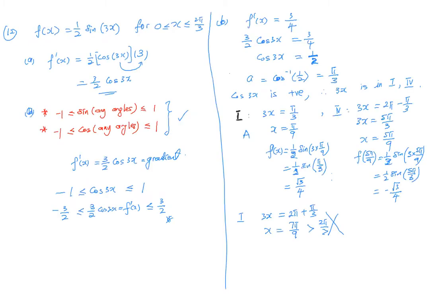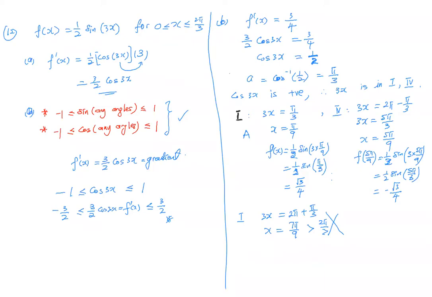You want to find equation of tangent, you have the point 5 pi by 9 and negative root 3 over 4. You got the point. Okay, you must find the gradient, right? The gradient, that is your f prime x. Your f prime x is 3 over 2 cos 3x.